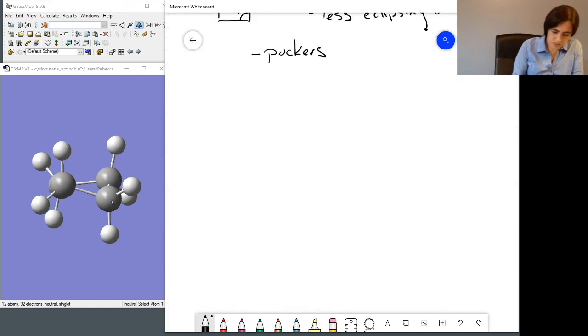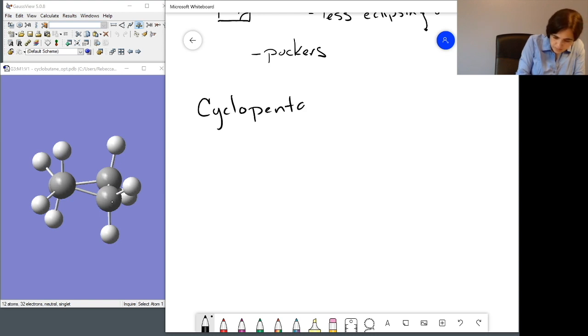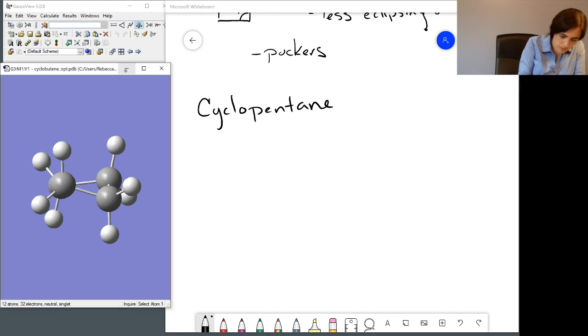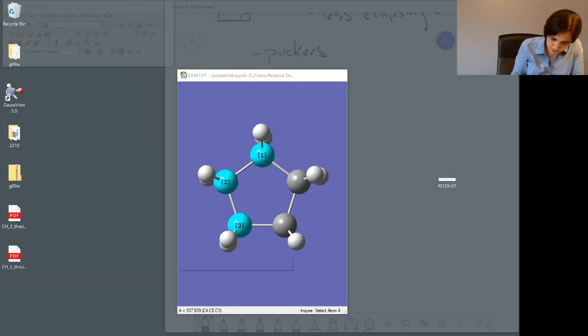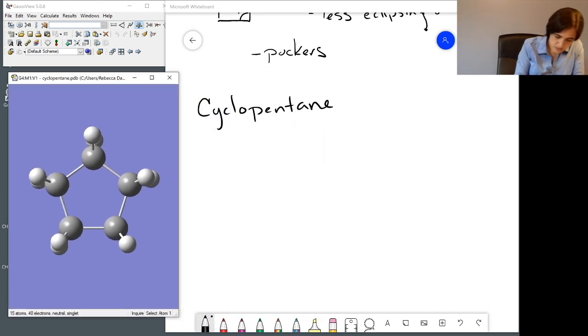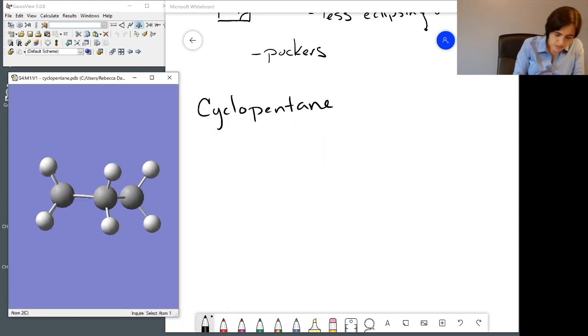All right, our next one is cyclopentane. So we'll close these off here. So again, if we were to draw cyclopentane flat, again, we have the problem of all of the hydrogens being planar.